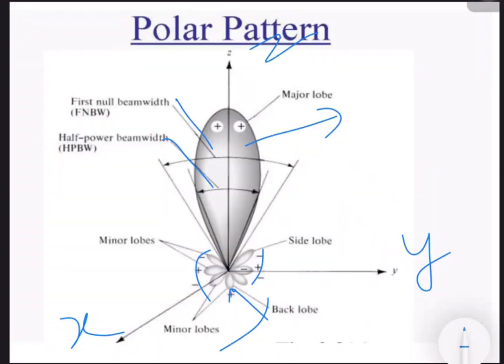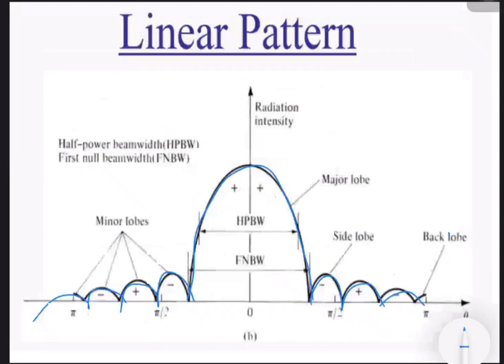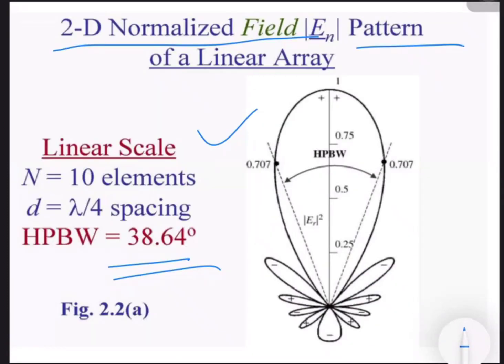This is the representation of the radiation pattern in polar form. This is the linear pattern. And this is the normalized field pattern. In the normalized field pattern, whenever there are more elements in the field, it is normally considered an array. And then we finally average the half power beamwidth value for all the antennas, which will be the final summation.